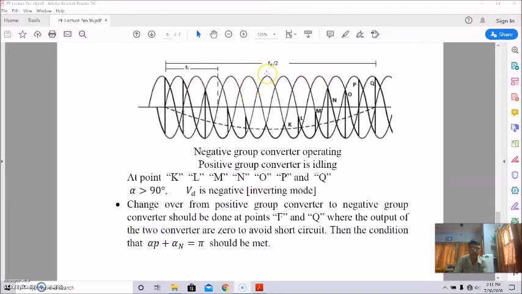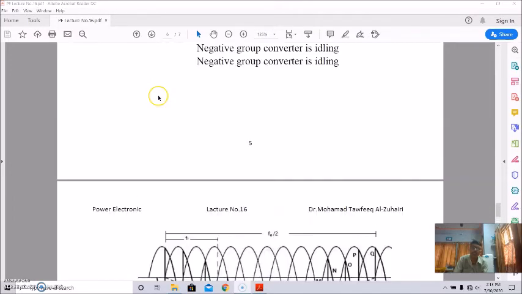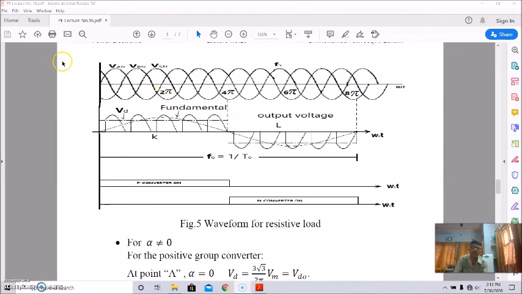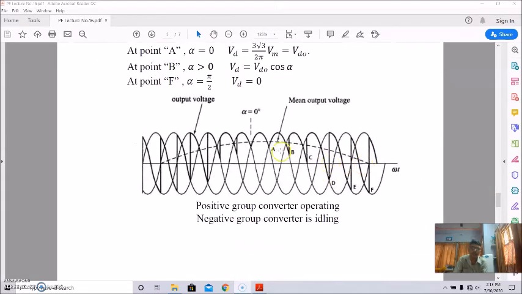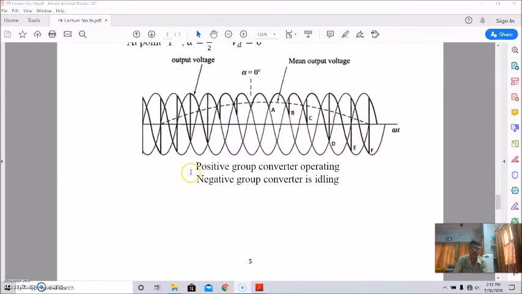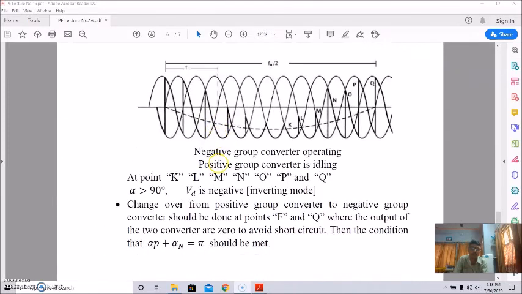The total is the output frequency F0, so this is F0 by 2 and this is also F0 by 2, and this is the input frequency. Clear? So at points K, L, M, N, O, P, Q, alpha is greater than 90 degrees, that means Vt is negative.